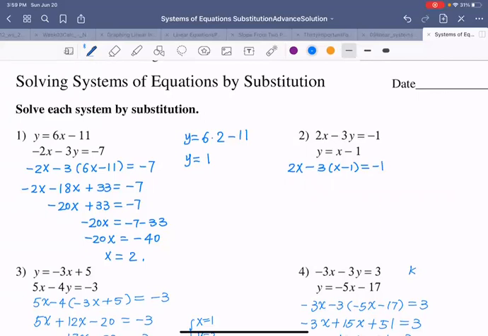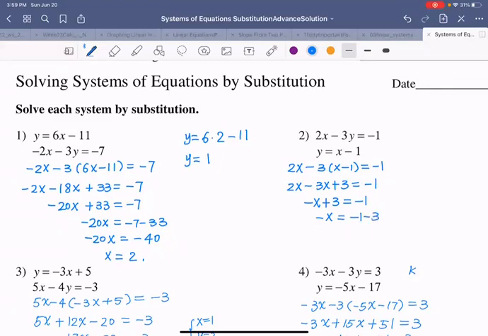Next, it'll be 2x minus 3x plus 3 equals -5. Okay, so it'll be -x plus 3 equals -1. Okay, so -x equals -4.